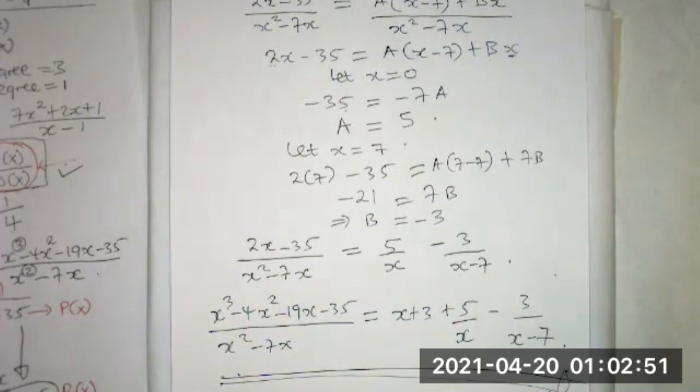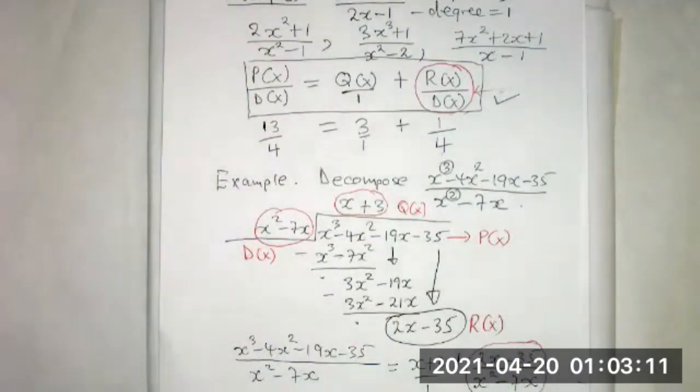When you are given an improper rational, that is improper in the sense that the degree of the numerator is equal to the degree of the denominator, or the degree of the numerator is greater than the degree of the denominator, then you proceed to divide. And when you divide, you use the result P of x divided by D of x is equal to Q of x plus the remainder divided by D of x.